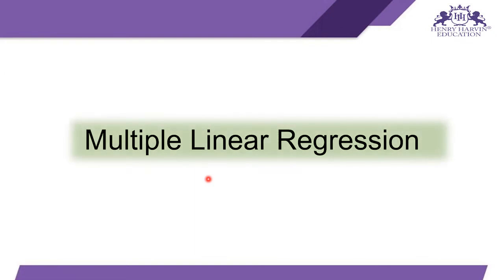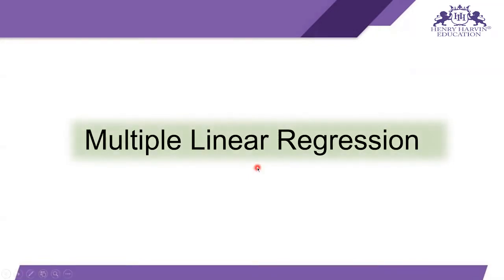Why are we going to talk about multiple linear regression? It is the case of a simple linear regression, where we provide a single independent variable, and we get a single dependent variable which depends on that independent variable.